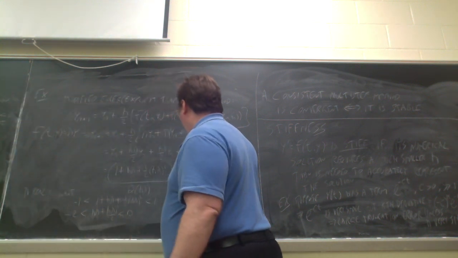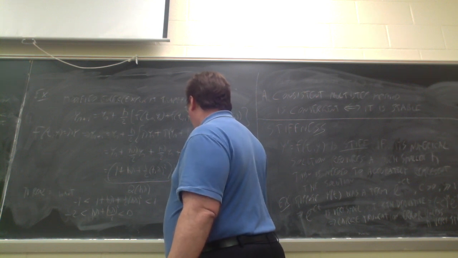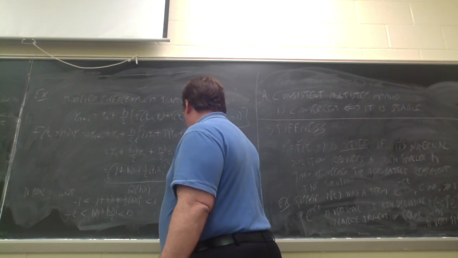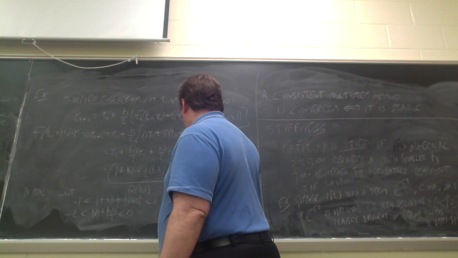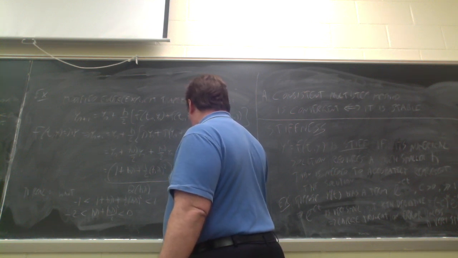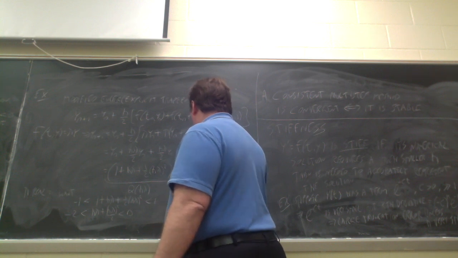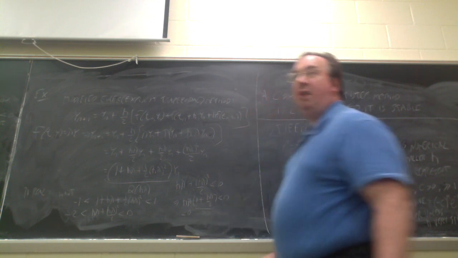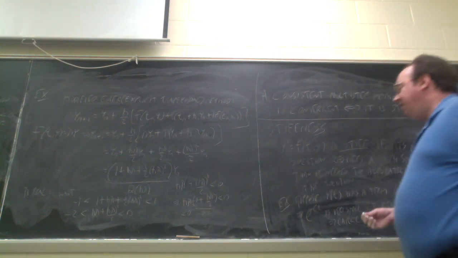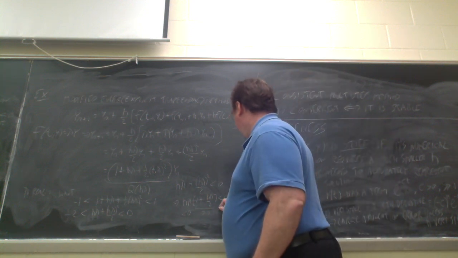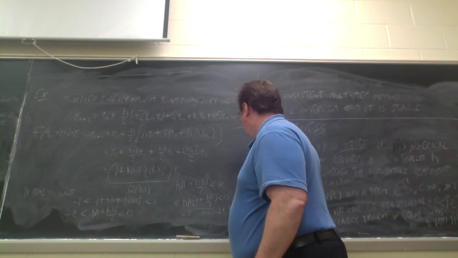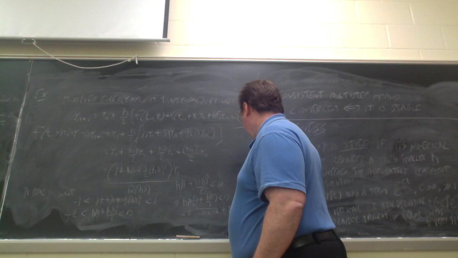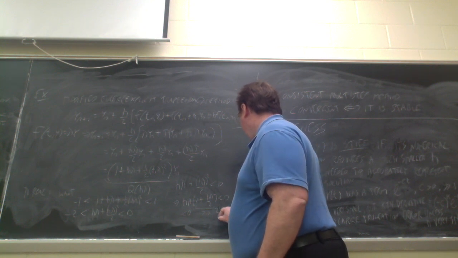Now, h lambda is negative, but what if h lambda squared is so positive it overcomes it? So this is negative, but this now has to be positive to make sure the whole thing stays negative. So then I have 2 plus h lambda.